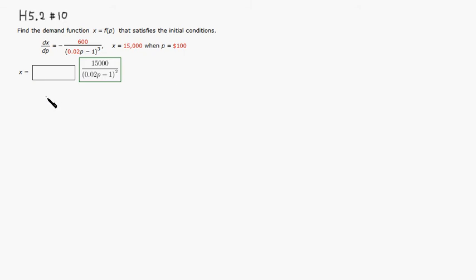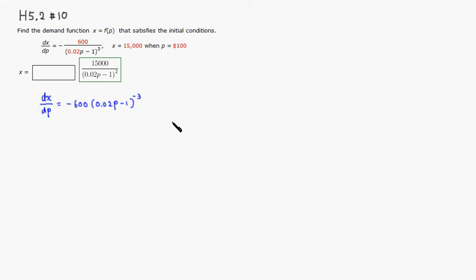All right, so first I'm going to rewrite the derivative: dx over dp is equal to negative 600 quantity 0.02p minus 1 raised to the, since it's sitting on the denominator, it's going to be a negative power, so a negative 3 power.